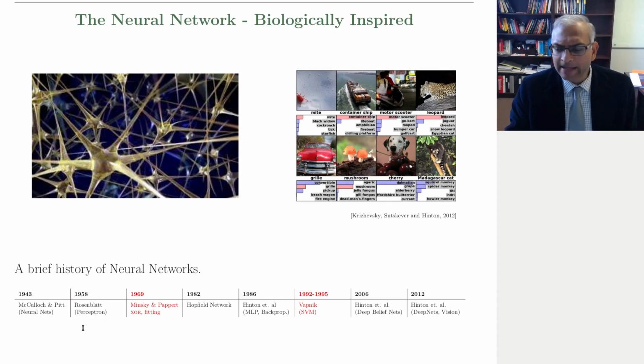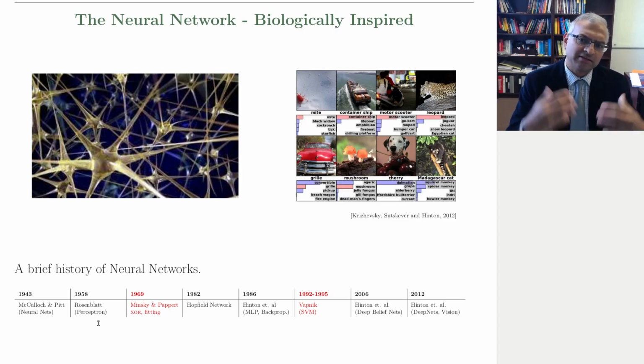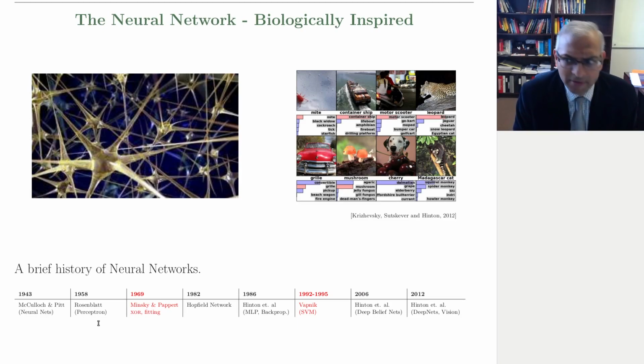Neural networks were dealt a blow in 1969 when Minsky and Papert revealed the XOR problem, the inability to fit simple functions like the XOR, and also the inability to easily generalize the Rosenblatt perceptron in a way that's easy to fit to data. This blow basically meant that neural networks subsided and disappeared because we couldn't do much with them, even though they had biological inspiration.